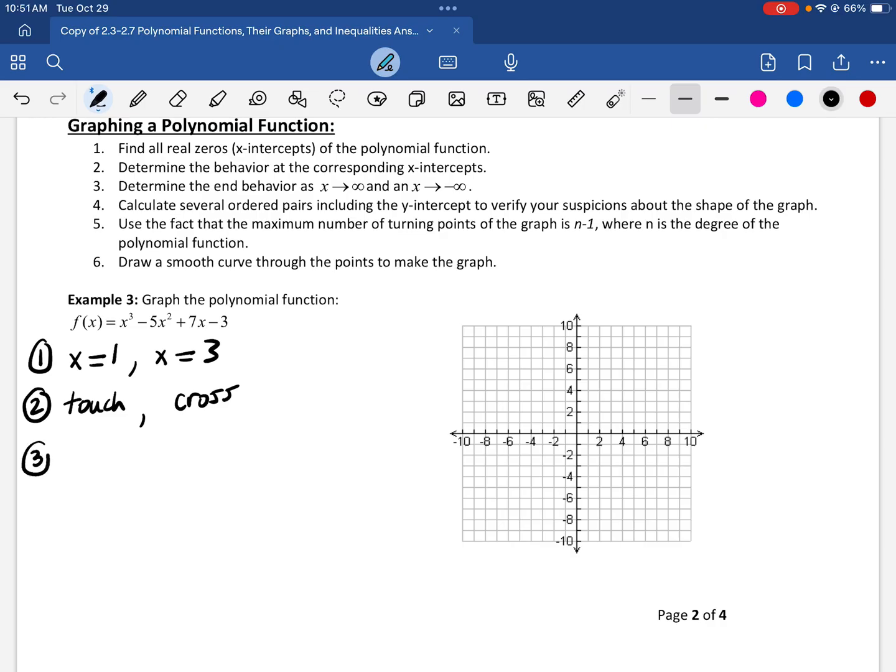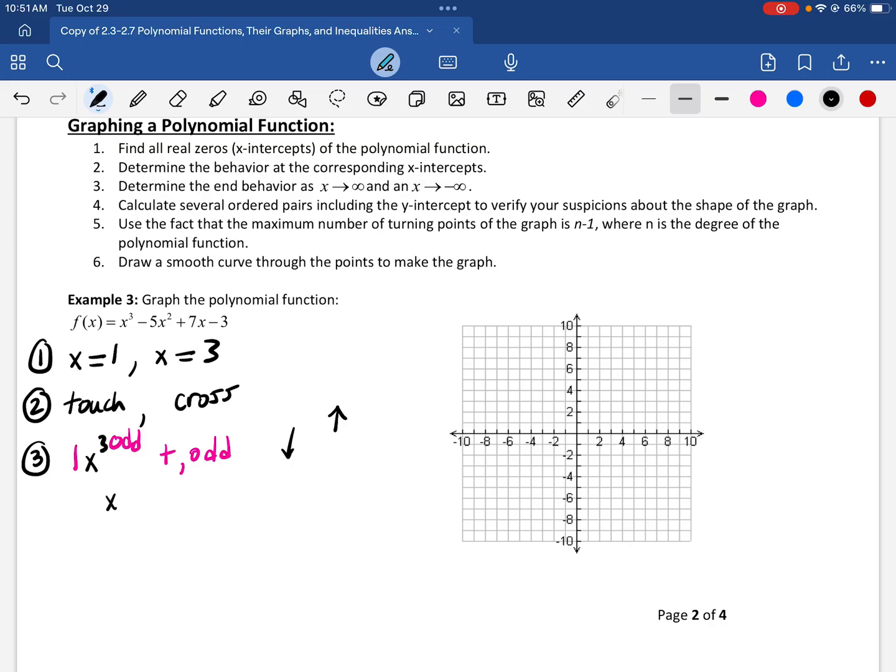Determining the end behavior, the highest exponent I see is on the term that has the x cubed. This is an understood 1, and this is an odd number. So we have a positive 1 and an odd number. In that case, our ends on the left go down and on the right go up.